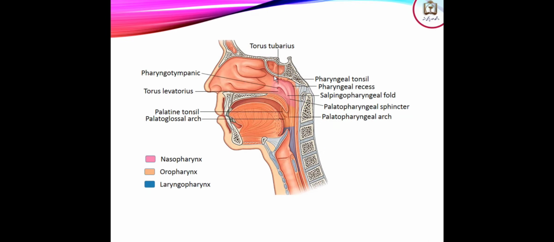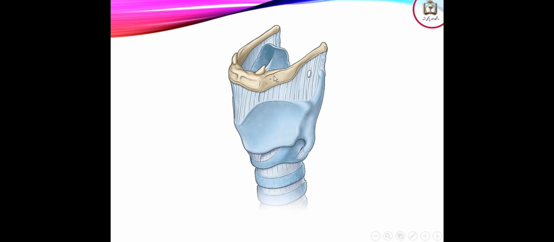Here are the lateral glossoepiglottic folds, and here is the median glossoepiglottic fold. Here you can see a ligament between the hyoid and epiglottis called the hyoepiglottic ligament. Here is the hyoepiglottic ligament.